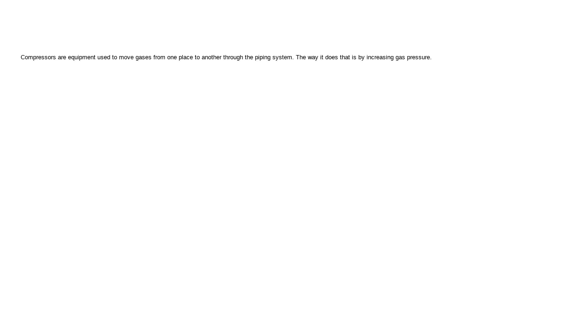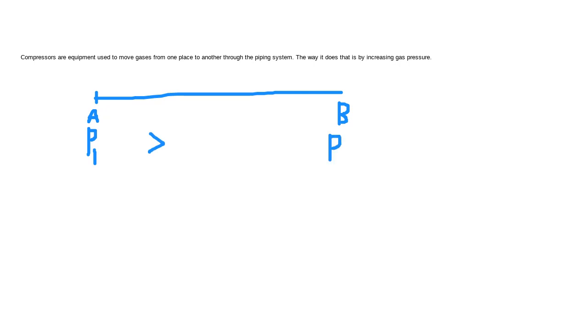Now, very similarly to what we have said before in the pumps, if we have a fluid, whether liquid or gas, at point A, and you'd like to move it to a point B, the pressure at point A, named P1, must be higher than the pressure at point B, named P2. This is very essential, and that applies for both liquids and gases, guys.